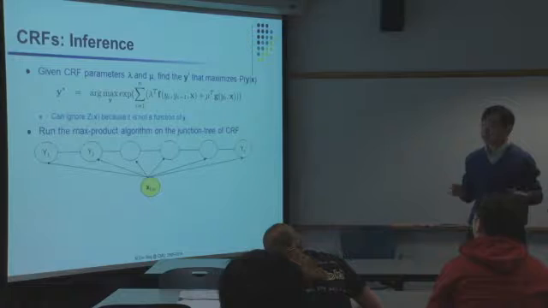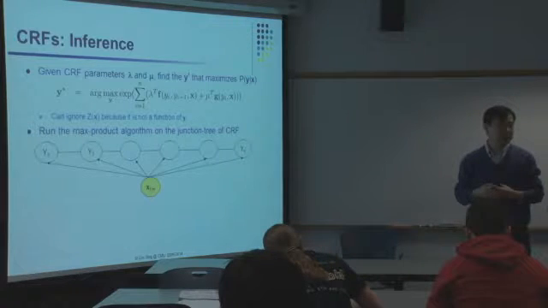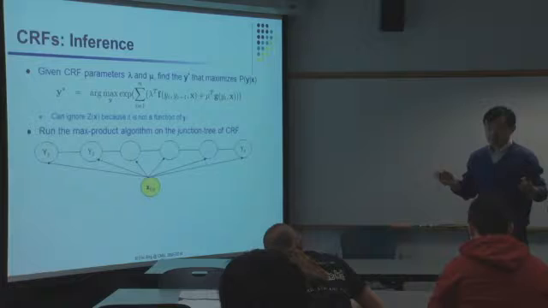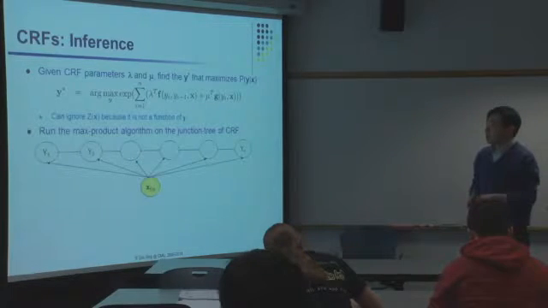So inference in an undirected graph model, we have tried a few instances already, and here it's just a quick review. The inference problem involves getting the best labeling sequence, or the best single label at a particular spot, given the entire sequence.